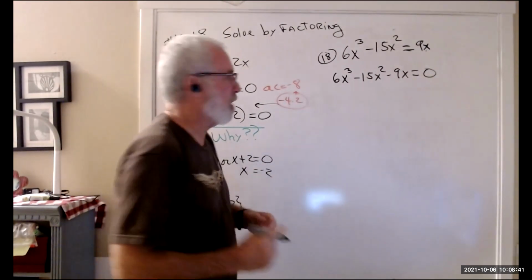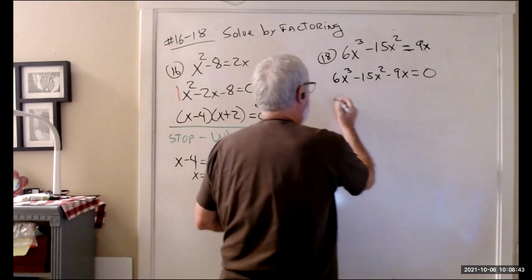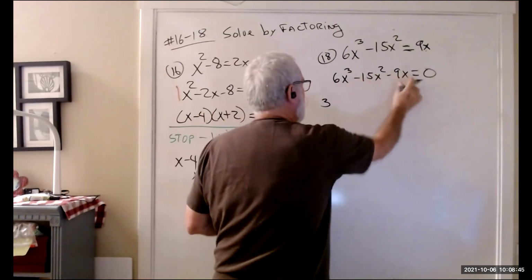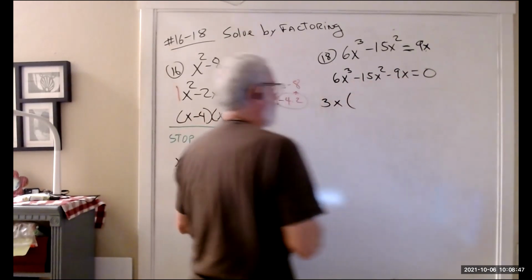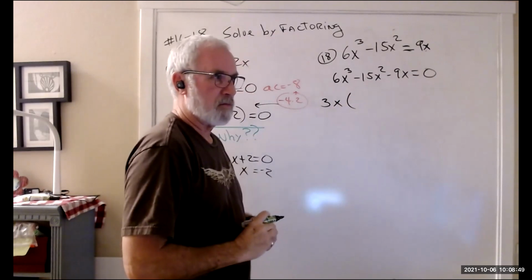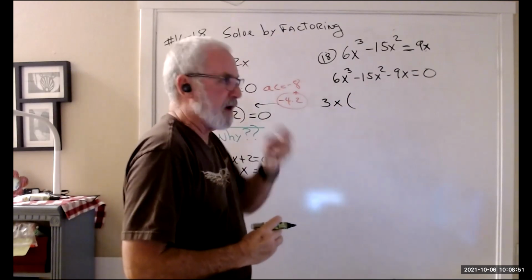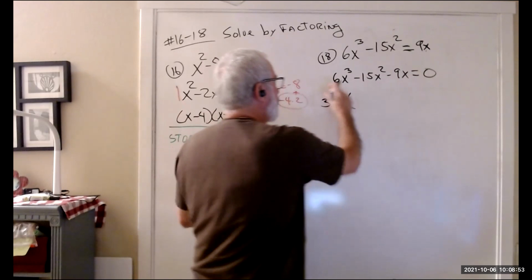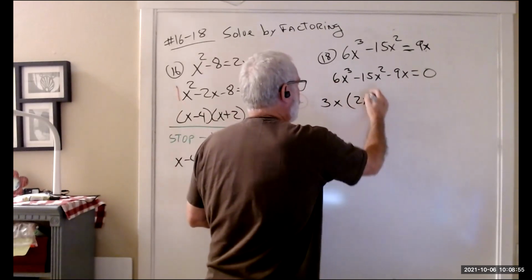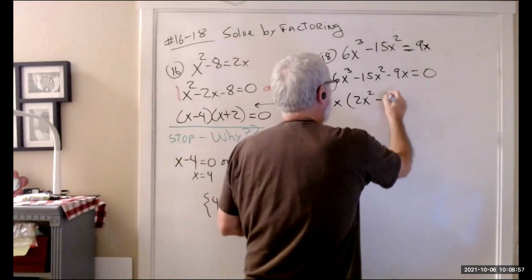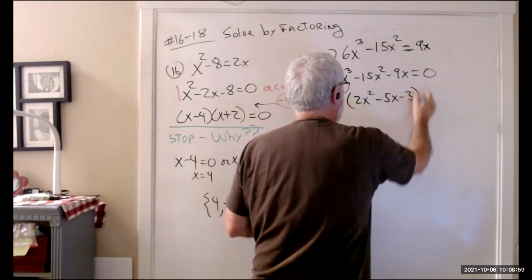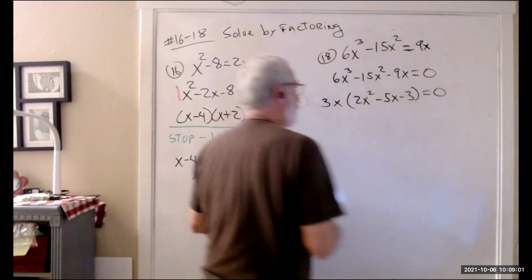Well, a 3 goes into all of these and an x goes into all of these. So if you pull out or divide out a 3x, you end up with 2x squared minus 5x minus 3 equals 0.